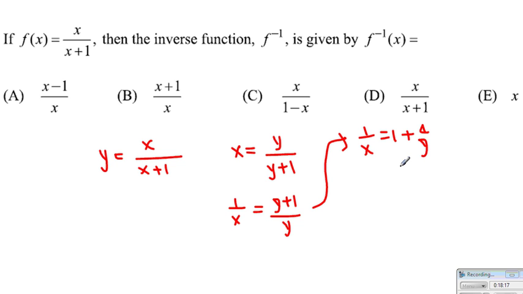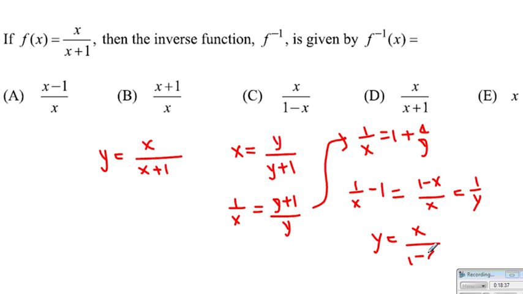Then when I subtract 1 from each side, I get 1 over x minus 1, which, if you simplify, becomes 1 minus x over x, which is equal to 1 over y. To solve for y by itself, y will be equal to x over 1 minus x. You could have done this in many different ways, but this would be one of our answers.